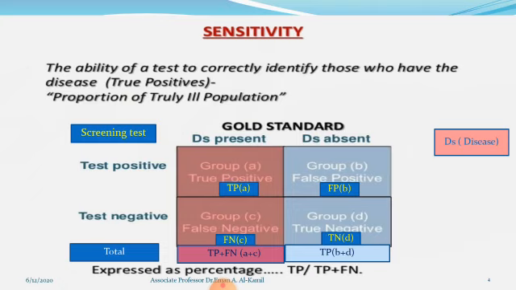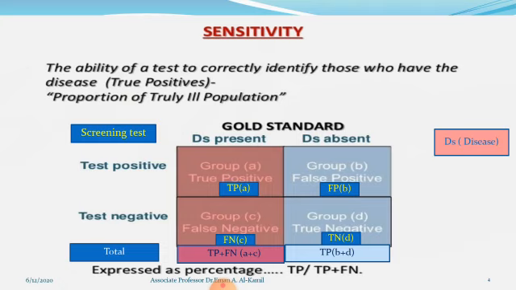As you see in the table, on the pink portion we can see the disease in the gold standard test. The red column represents the individuals who are positive by the standard test, that means those individuals have the disease according to the gold standard test, while the blue column is the individuals who are negative by the standard test.